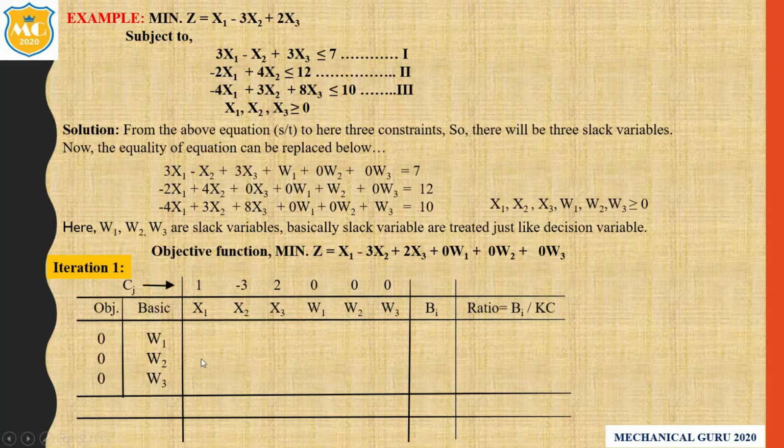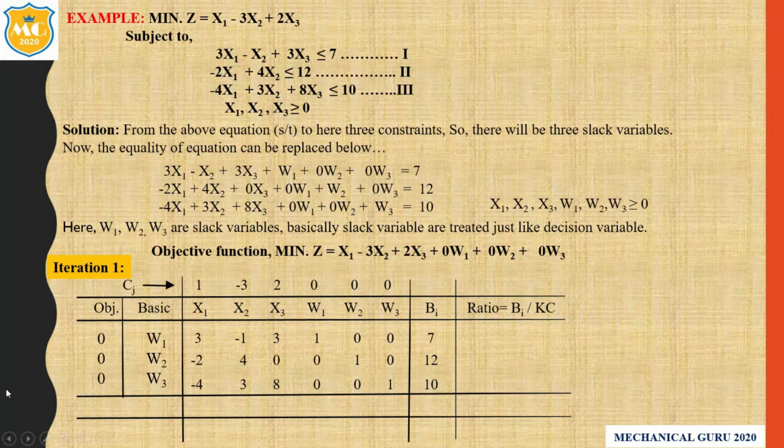Next, following the first equation, we write the technological coefficients: 3, -1, 3, 1, 0, 0 and the resource value 7. Similarly the second: -2, 4, 0, 0, 1, 0, 12, and the last equation: -4, 3, 8, 0, 0, 1, 10.